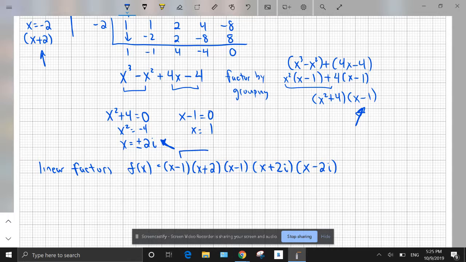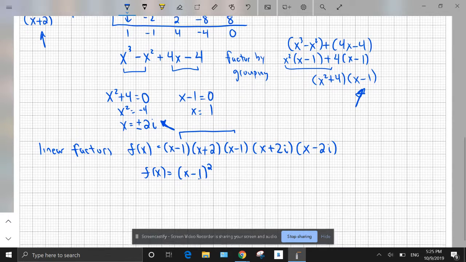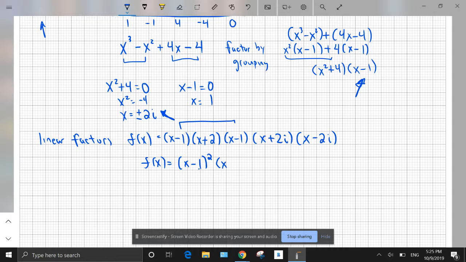What you notice here is that these two repeat, so we could say f of x is equal to x minus 1 squared, followed by x plus 2, x plus 2i, and x minus 2i. So these are our linear factors.